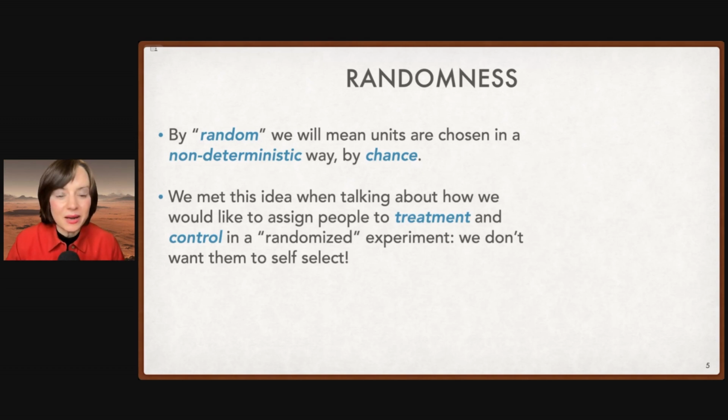The ideal setup for research to study the effect of one thing on another is a randomized controlled trial. We randomly assign people to treatment and control, and we do so because we don't want someone to select into treatment or control. If it's a drug trial, the people who sign up for a research study are probably more sick or more open to risks, or whatever it is that's driving them to join the study.